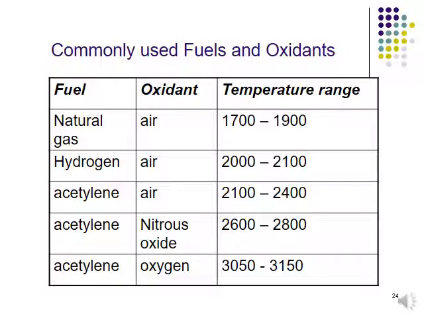So these are the commonly used fuels and oxidants in AAS. Basically we use the acetylene air mixture as a fuel oxidant, and the temperature range is 2100 until 2400 degrees Celsius.